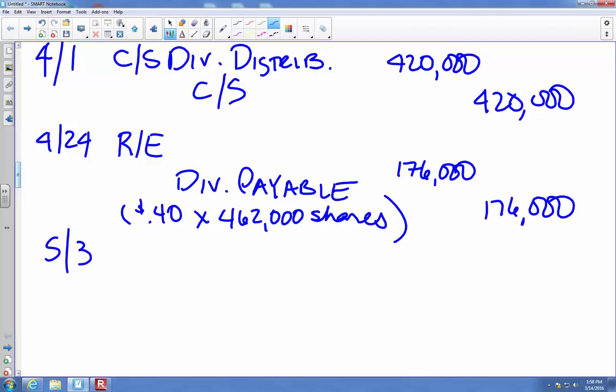All right, so now I owe them 176 grand. 40 cents a share, 462,000. I got 184.8. That's what I got too. I don't know why my numbers are off on this one. 184.8. Yeah.